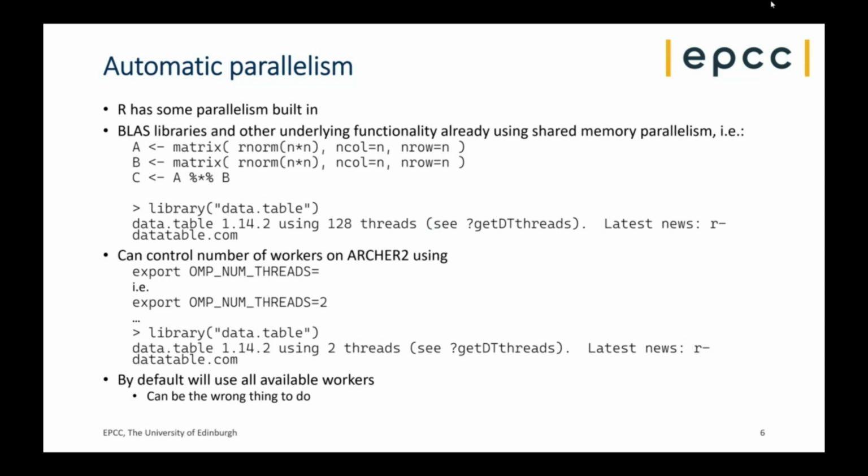And the easiest way of doing this, because all these underlying functionalities generally build on top of OpenMP parallelization, is to set this environment variable OMP_NUM_THREADS.